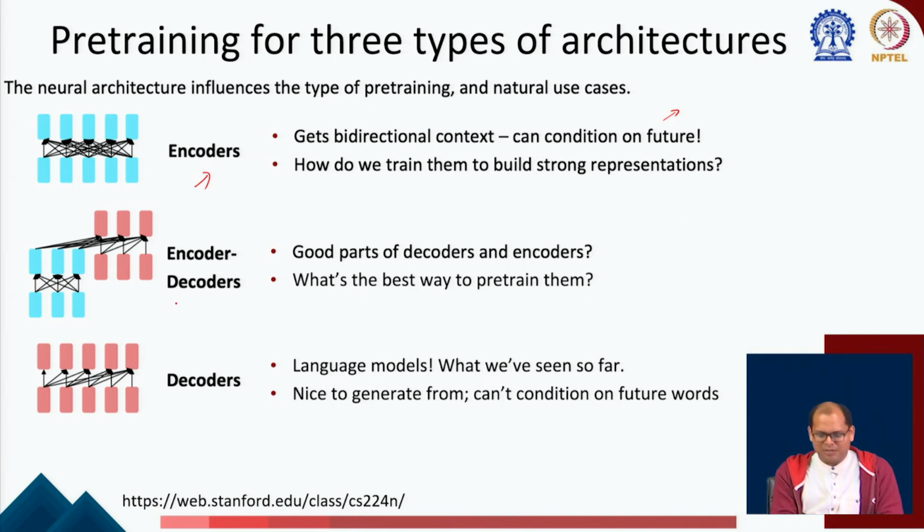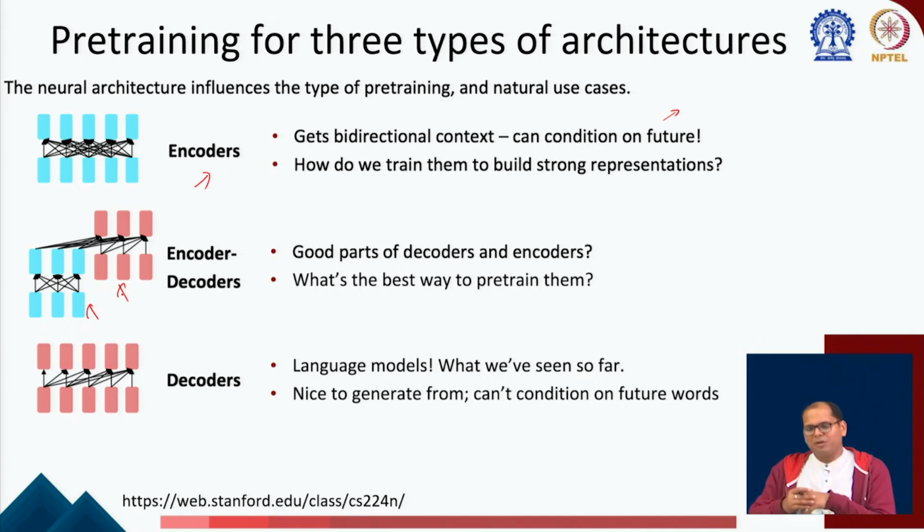With encoder-decoder, you can make use of both encoder and decoder, and ideally this should give a very good representation because you are pre-training both together. But what is the best way to pre-train them? The central idea of pre-training is that you need lots and lots of data, and you should not require any human label, because once you require human labels, you are imposing limitations on the kind of data you can use.